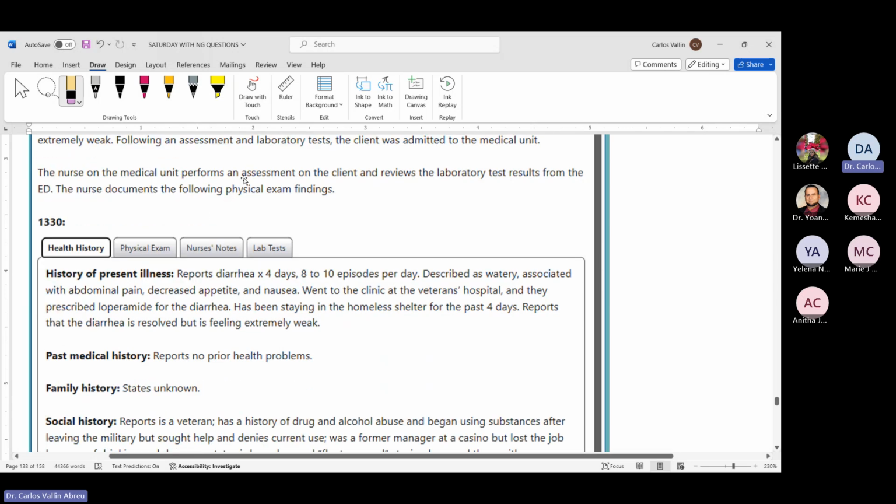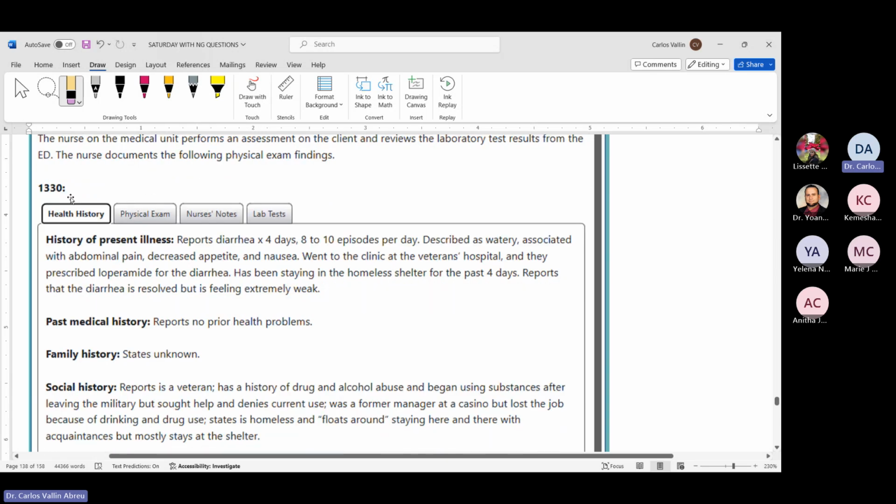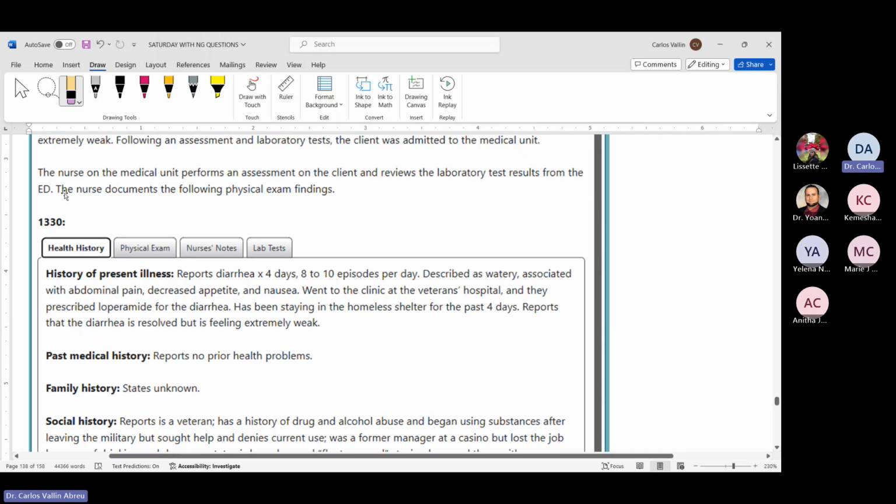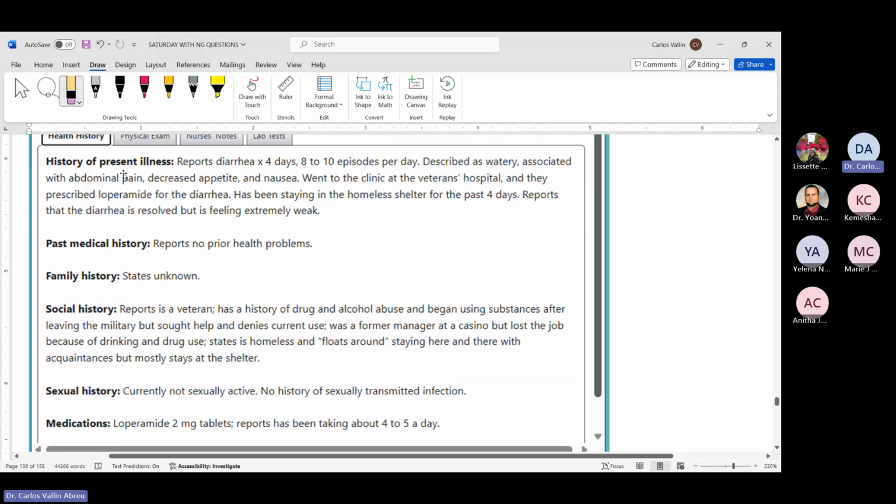The nurse in the medical unit performs an assessment on the client and reviews the lab test results from the emergency department. So the nurse that received the client on the floor evaluates what is brought by the client. The nurse documents the following physical exam findings. History of present illness. Reports diarrhea for 4 days.